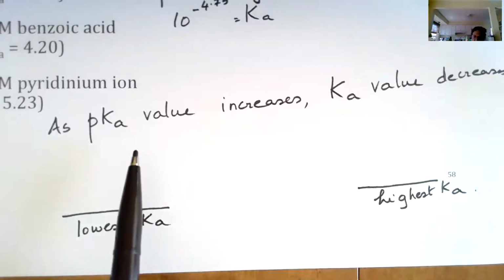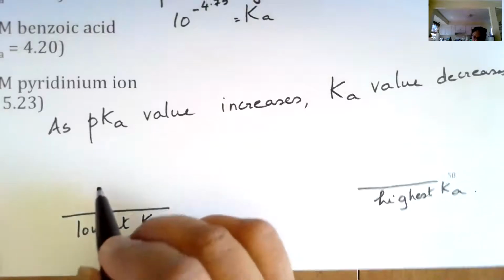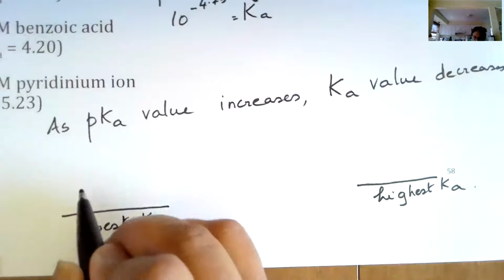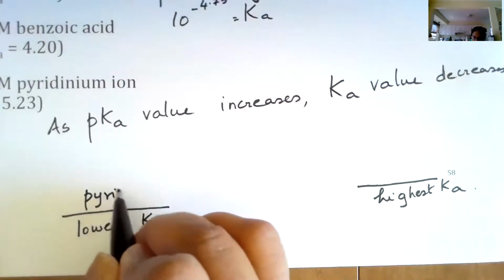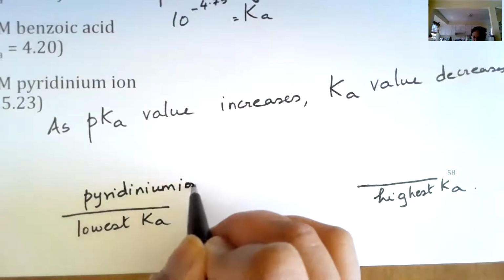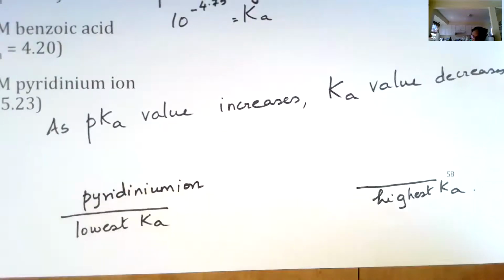The highest pKa will have the lowest Ka.